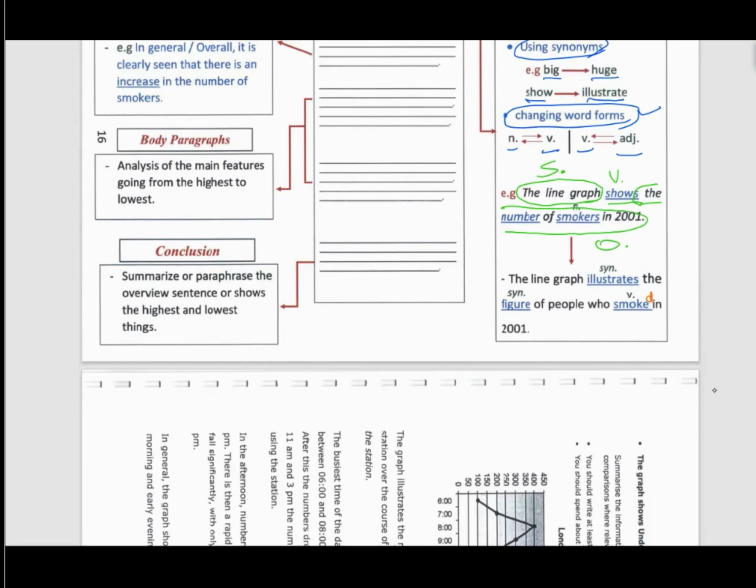You start with the object, right? When you change it to the passive, you start with the object. The object is the number of smokers in 2001.